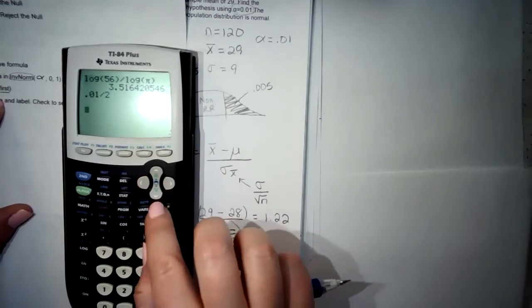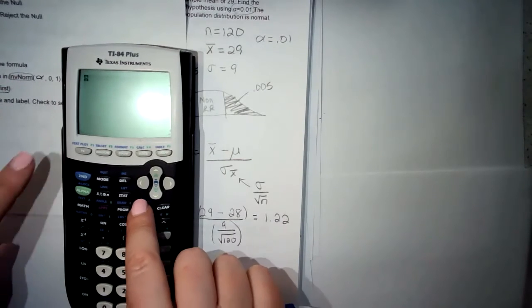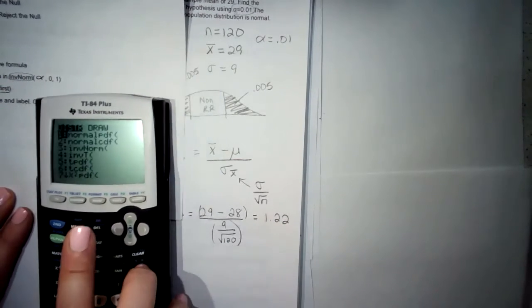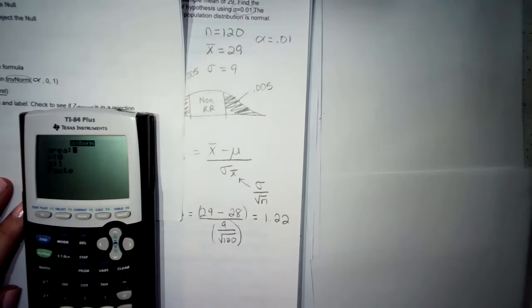So we're going to use our calculator and we're going to go to inverse norm. So remember, that's under distribution. Here's inverse norm. I already have 0 and 1. All I need is alpha, but it was a two-tailed, so I had to divide it by 2 first. I already handled that. And I get negative 2.58.